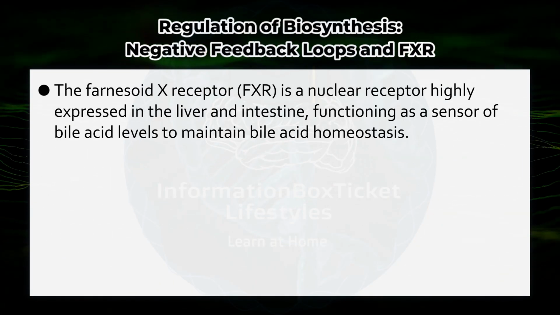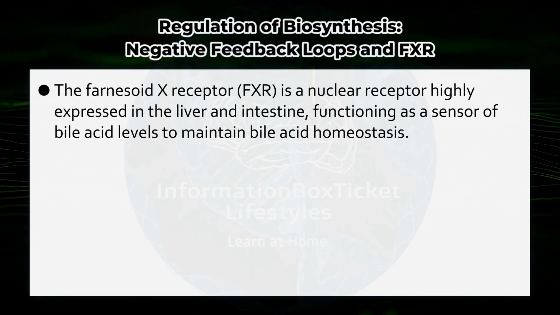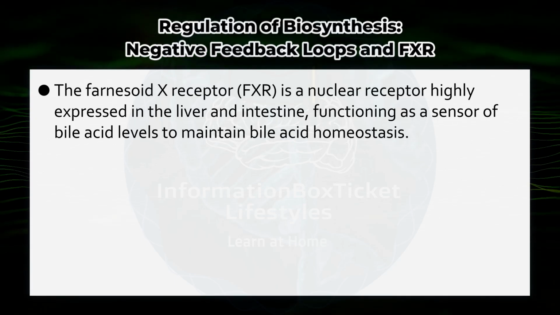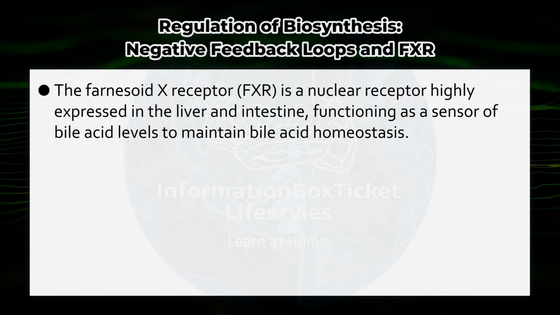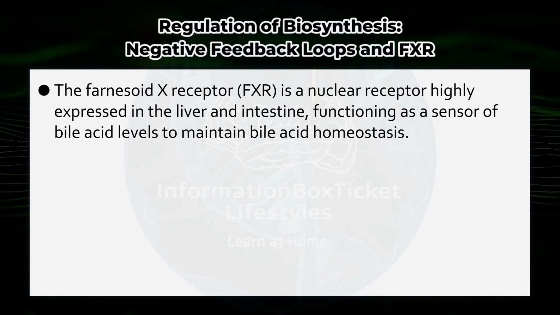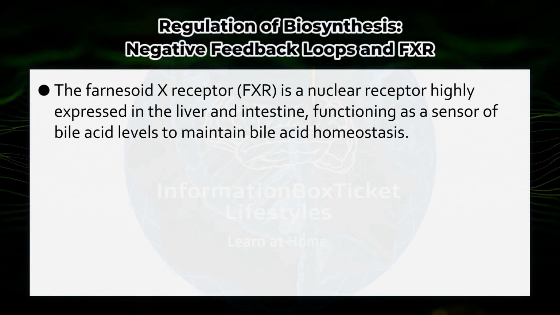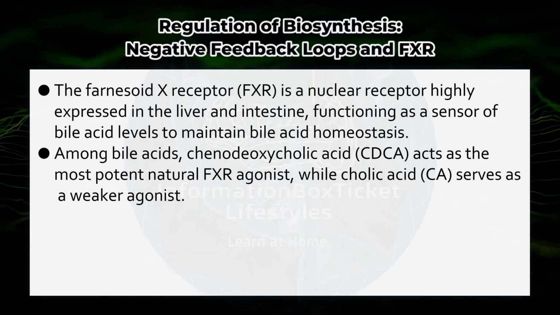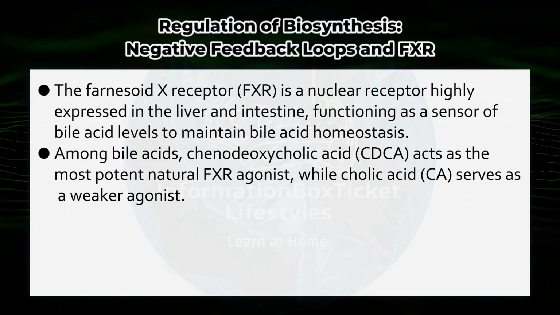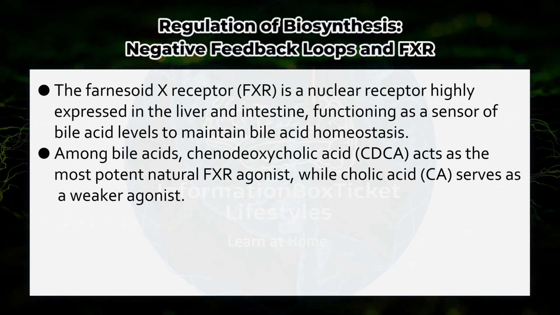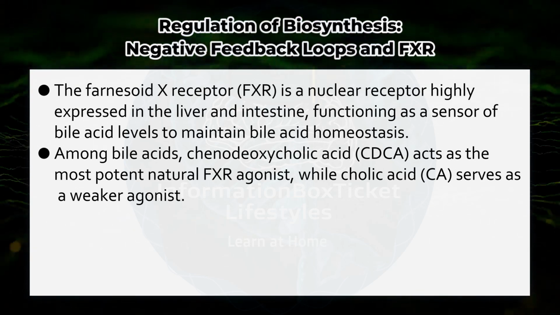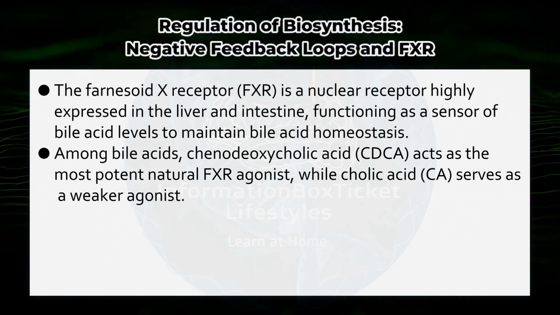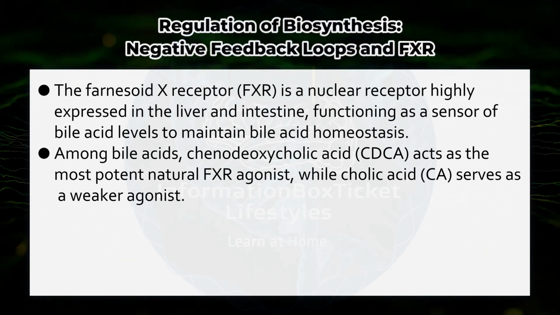The farnesoid X receptor, FXR, is a nuclear receptor highly expressed in the liver and intestine, functioning as a sensor of bile acid levels to maintain bile acid homeostasis. Among bile acids, chenodeoxycholic acid, CDCA, acts as the most potent natural FXR agonist, while cholic acid, CA, serves as a weaker agonist.